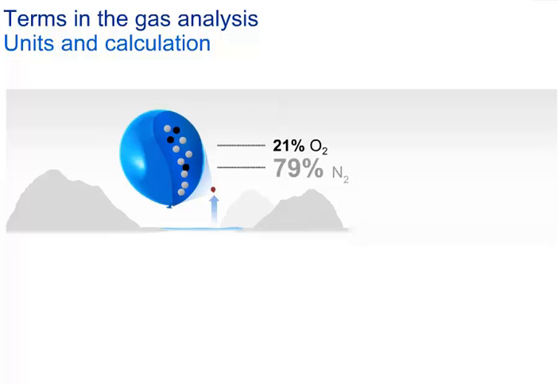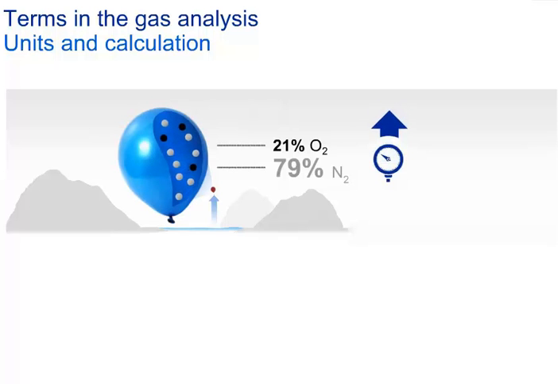That's to say, the 21:79 ratio remains constant even if the balloon expands, because the external air pressure drops. The gas density, mass over volume, changes with the external air pressure. The volume increases as the air pressure decreases, and the number of molecules in this volume remains constant. That's to say, the mass over volume becomes smaller. The relationships are similar if the volume changes due to temperature alterations.